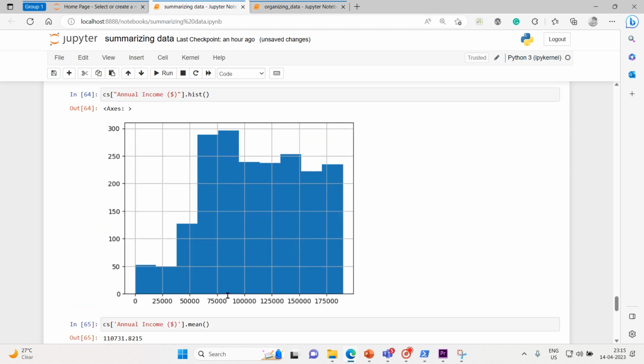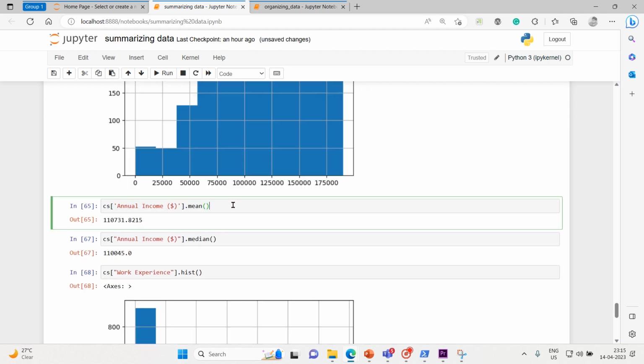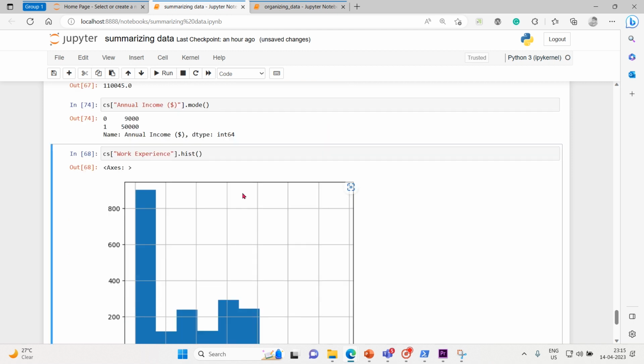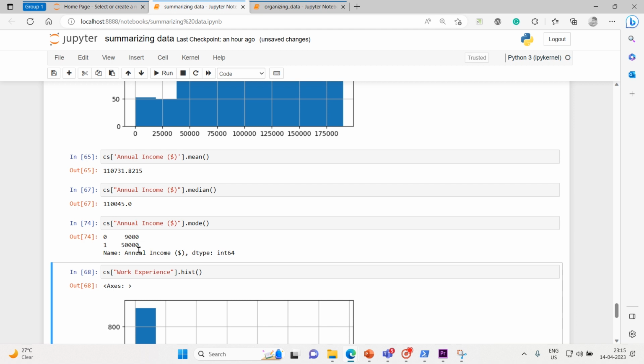Let me take one more example. This is also skewed. Here it's annual income. Let me go for the mode. And here it is, 9,000. The second mode is 25,000 USD.